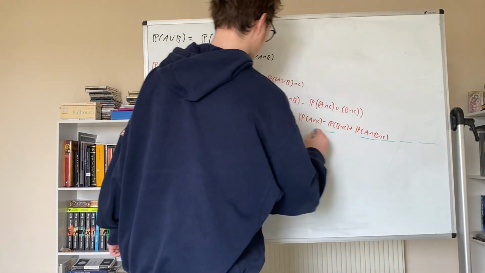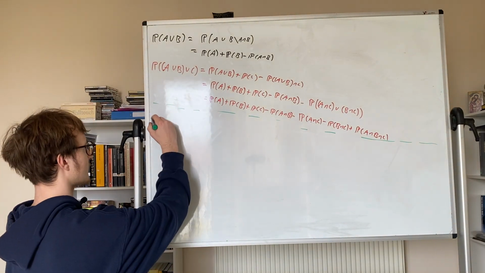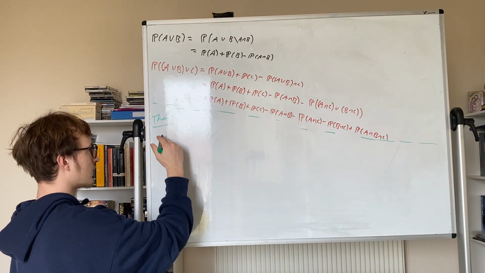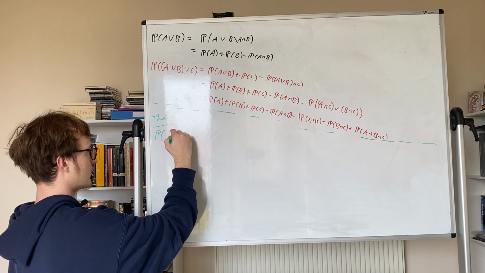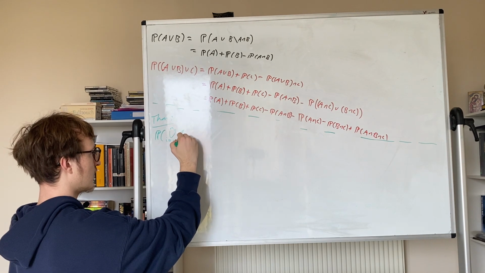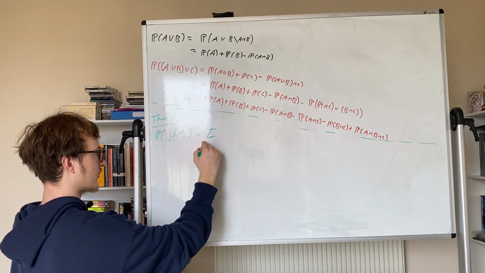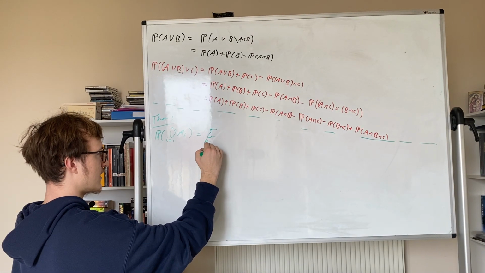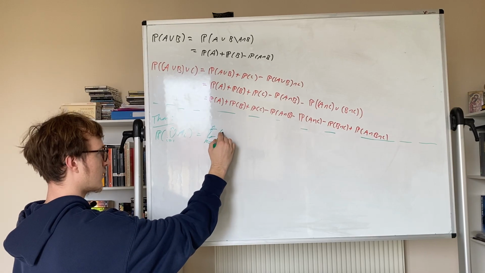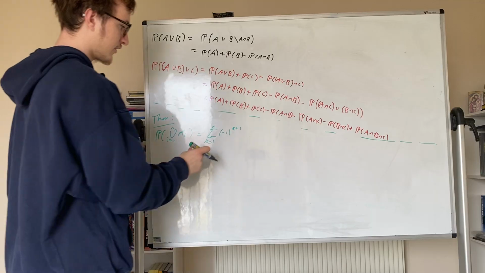So let's write this down in a statement that we can actually prove. Theorem: the probability of the union from i equals 1 to n of Ai is given by the sum from k equals 1 to n of minus 1 to the k plus 1. So this is the alternating signs.